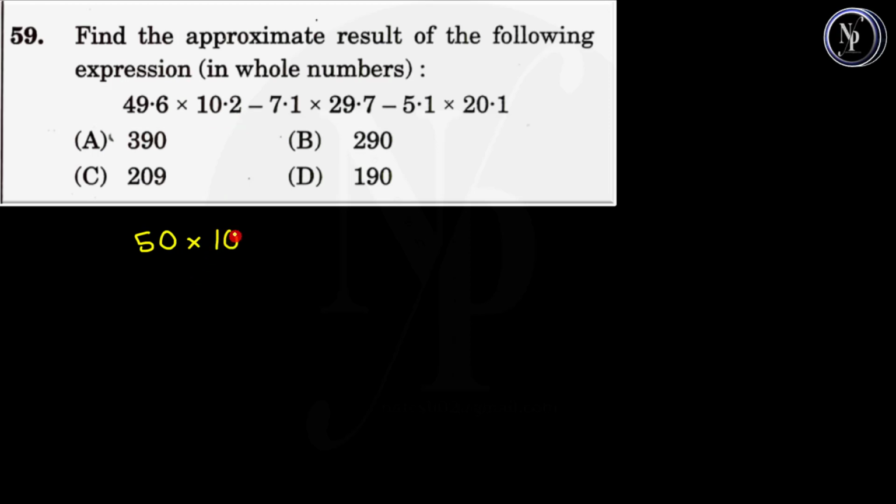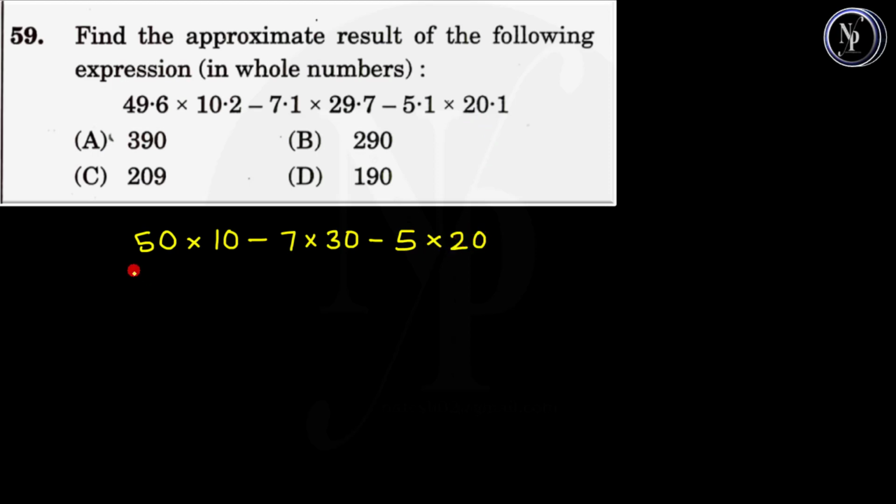I write 10 here. Minus 7.1 is close to 7 into 29.7 is close to 30 minus 5.1 is close to 5 into 20.1 is close to 20.